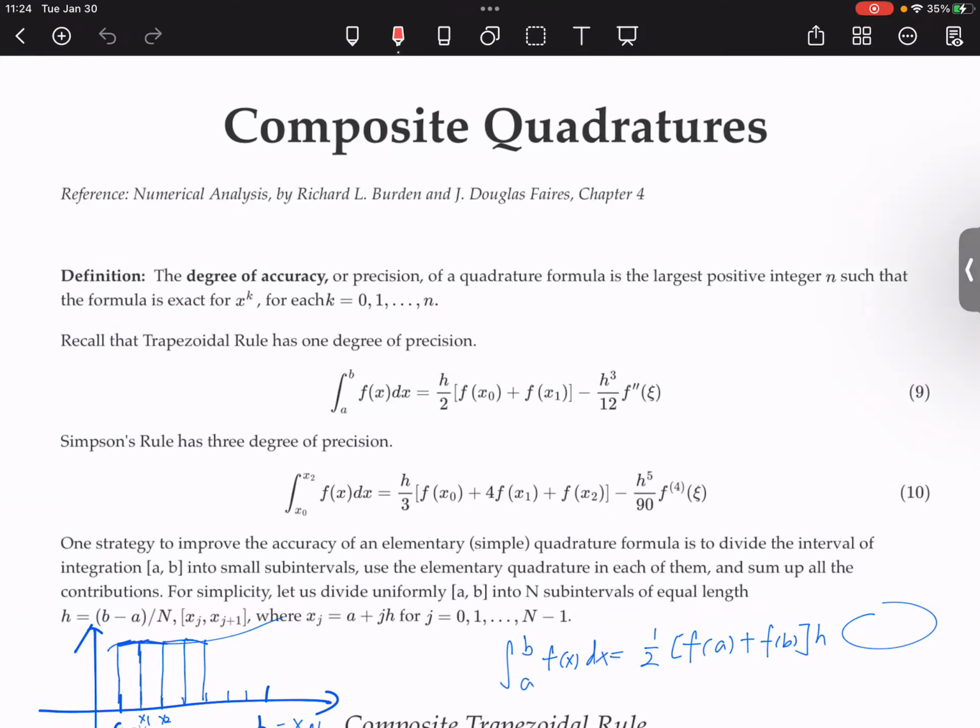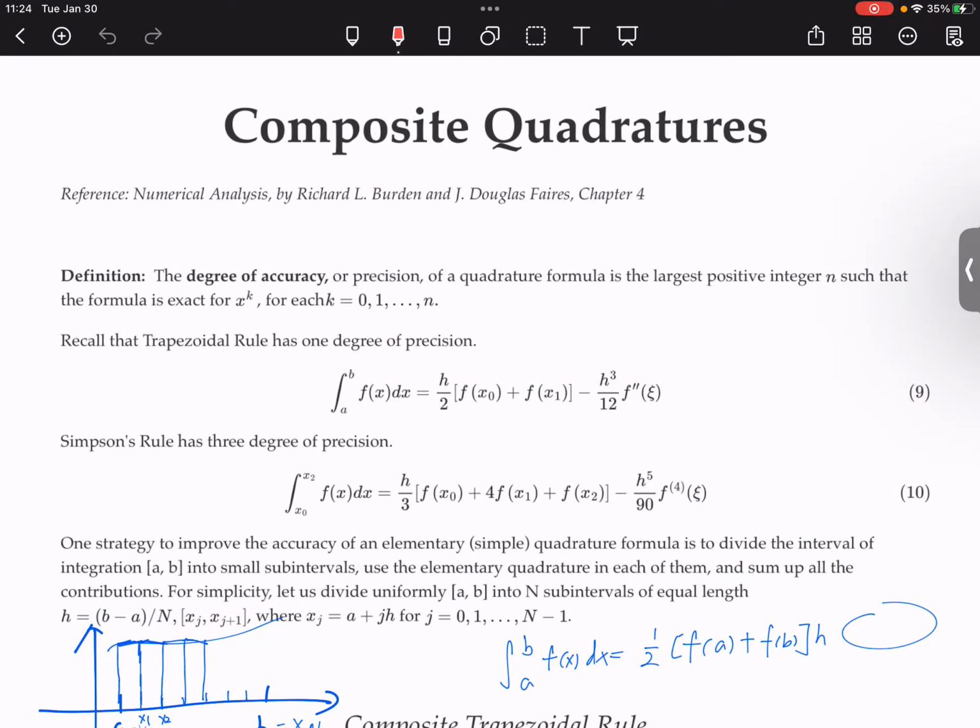So let's go back to here. Now we know that if we have n nodal points, at most we can get 2n minus 1 degree of precision, right? But now let's take a look at what we have learned before.